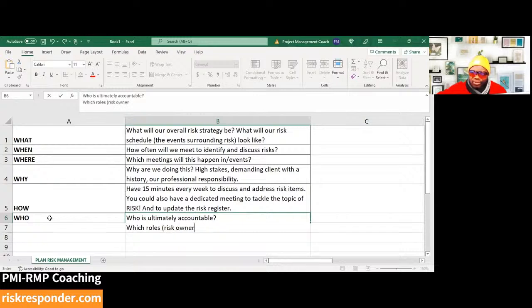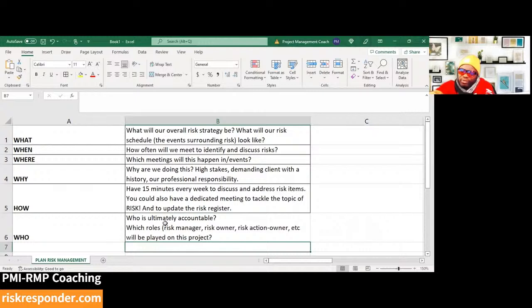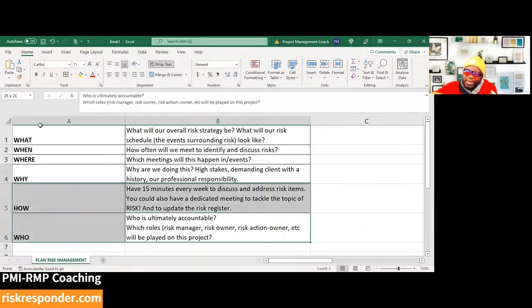Risk owner, risk action owner, etc. will be played on this project, because some projects have a dedicated risk manager, by the way. Risk manager. I remember working with a well-known company in a weapon system project, and they had a risk person. They ran Monte Carlos. They were fully kitted for risk.